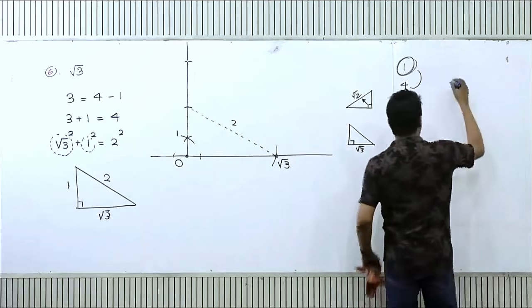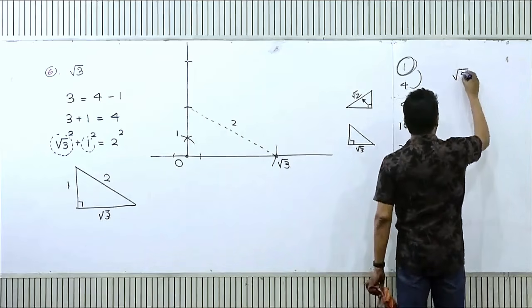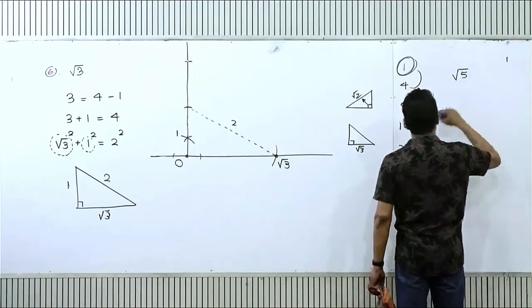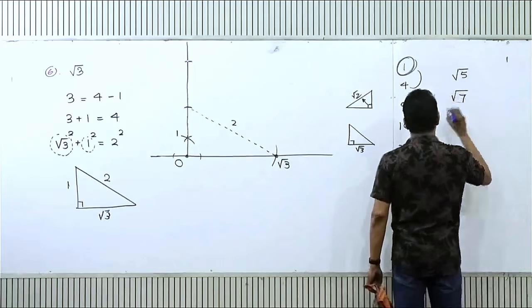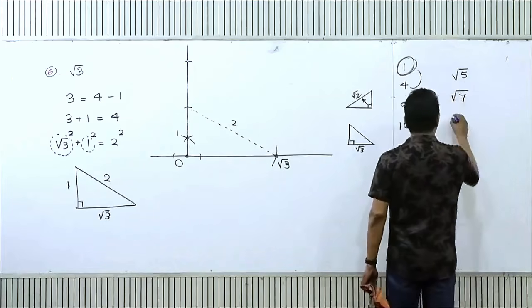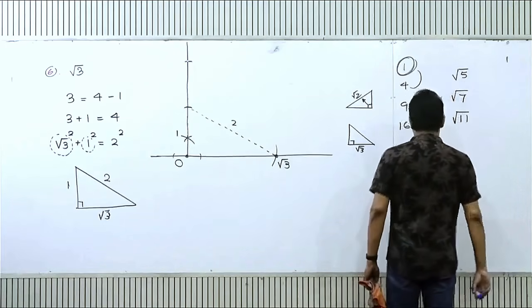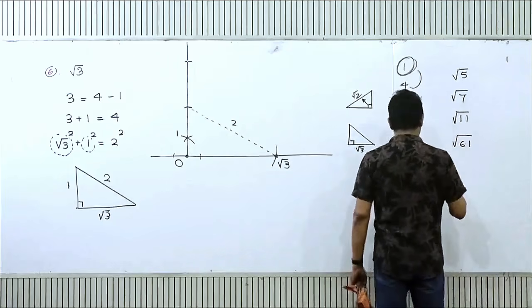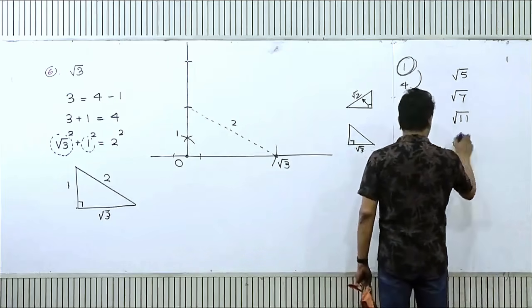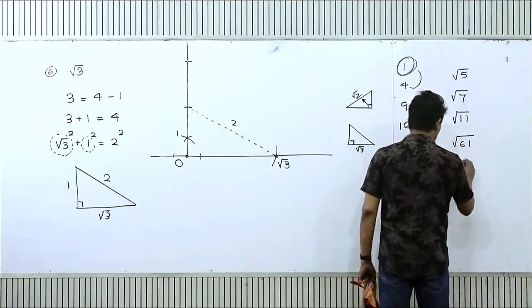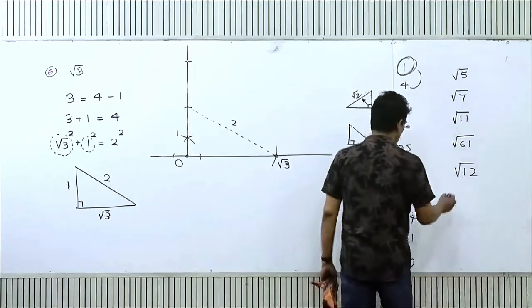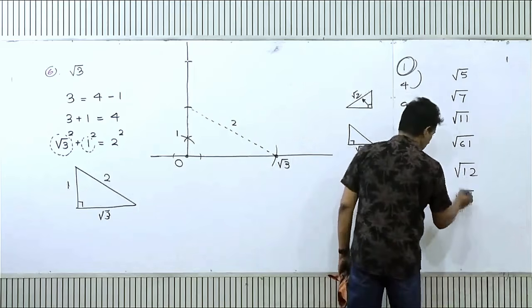Now, as homework, you have to mark these numbers: root 5, root 7, root 11, root 61, root 12, root 13.